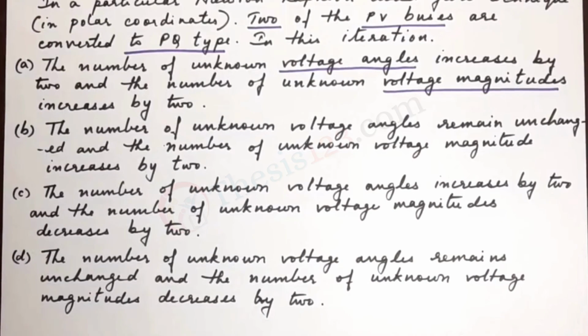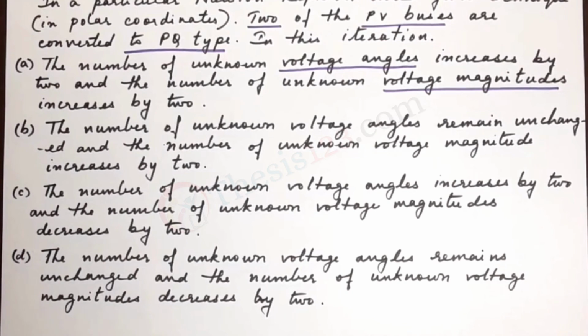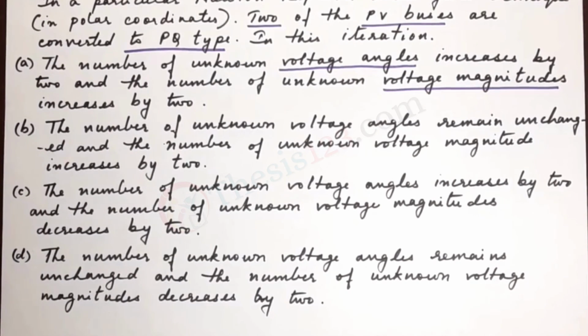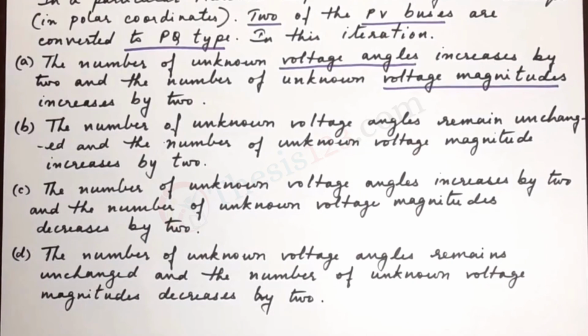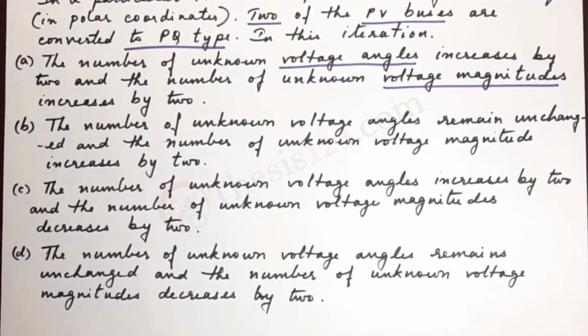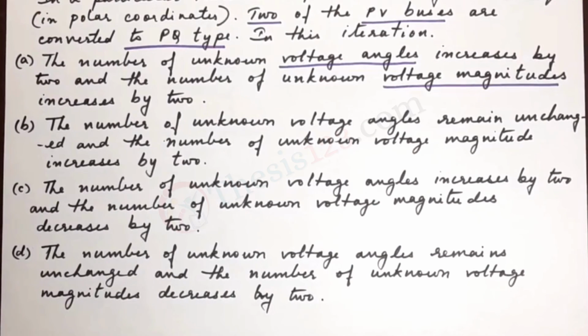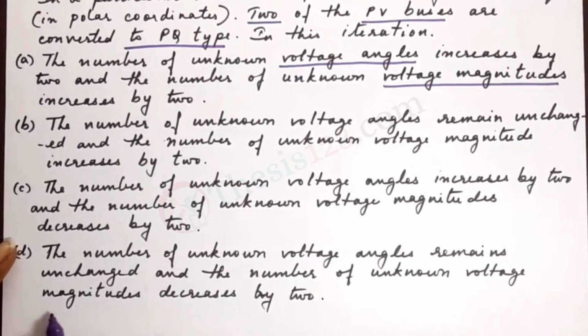So let's see. The total number of buses is 100, given to us, and there are 10 generators. That immediately tells us that the number of load buses would be 100 minus 10, which is 90. I'll note that down right here.